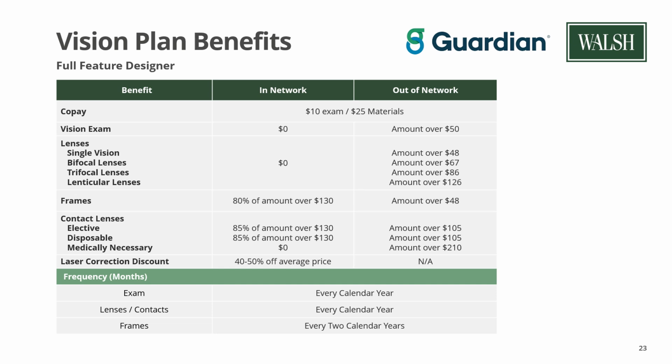Next year, you can use that benefit to get contacts. Or if those lenses just maybe are not working out for you, you can have new lenses put into those frames that you got in 2024. You cannot use the lens and the contacts benefit in the same year. So that is an either or, and the frames are every other year you can have that benefit.